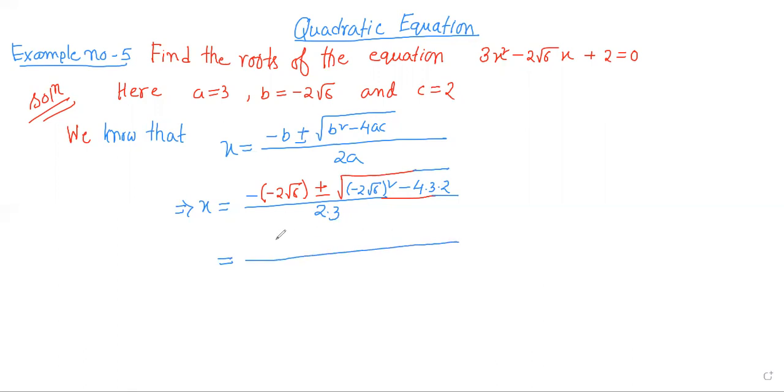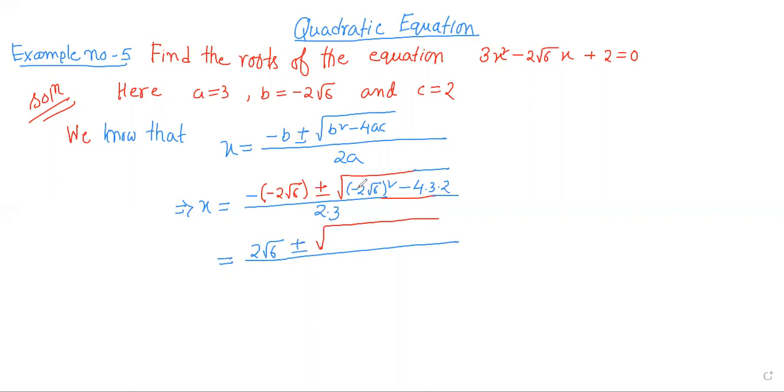So now it will be 2 root over 6 plus minus minus 2 root over 6 whole square.